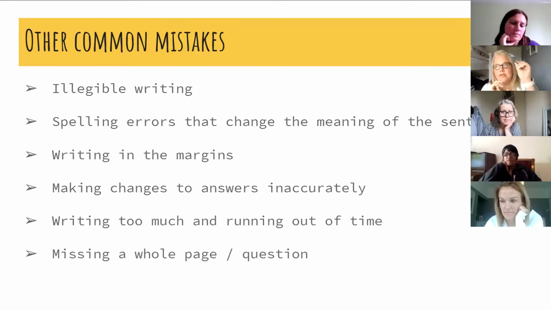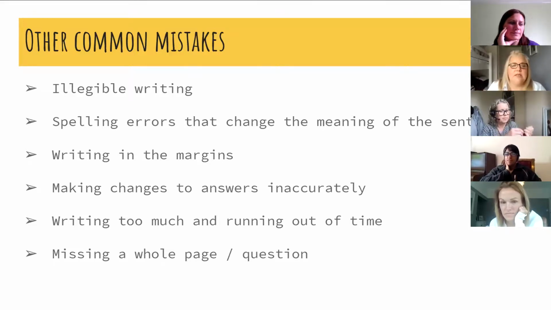One of my learners, instead of starting on a new line, carried on into the margin. Now, I don't know how strict Pearson Edexcel would be with this, but it does say down the side, do not write in this space. So it's just about making them aware and making sure that they grab every point that's available and they don't make silly mistakes.